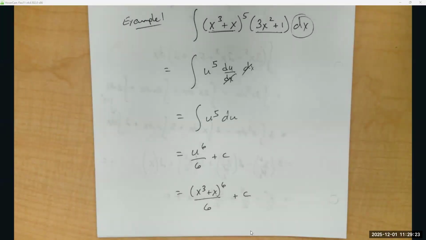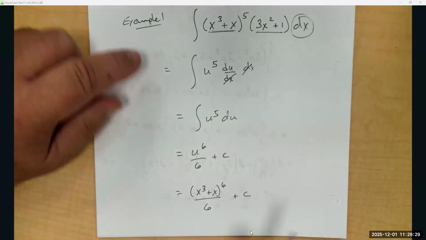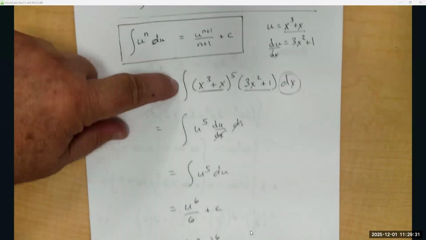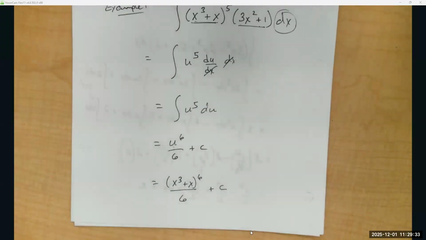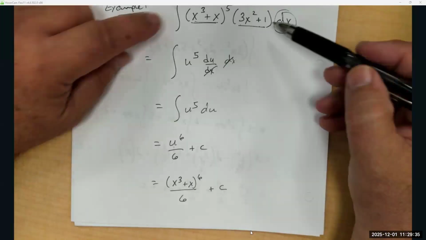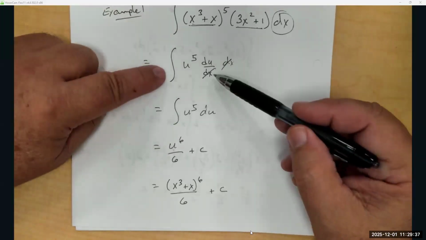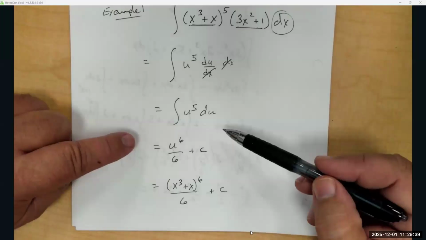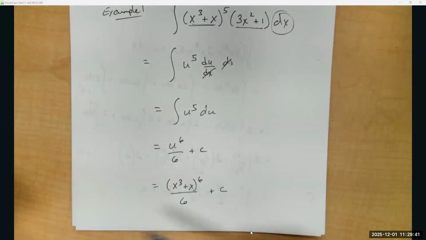At the end of the problem, we have to plug the u back in, because we have to put it back the way it started off. That's the whole substitution: take this big monstrosity, turn it into something that looks easier that we can deal with, and then at the end, put it all back together.